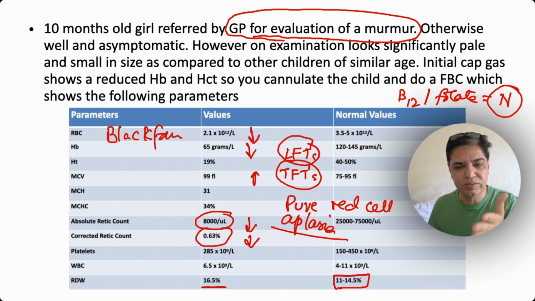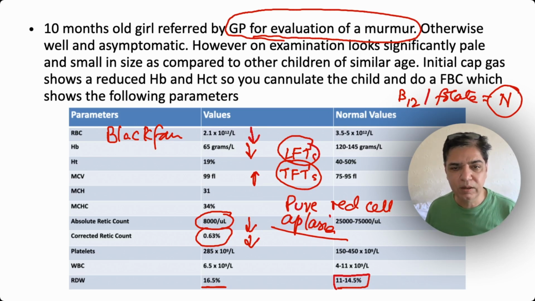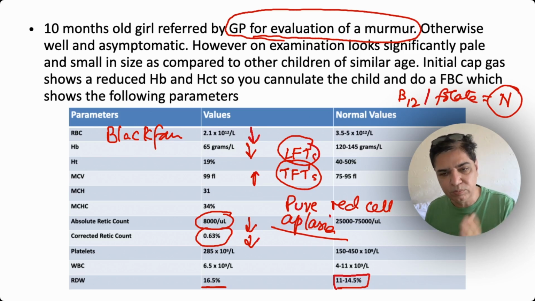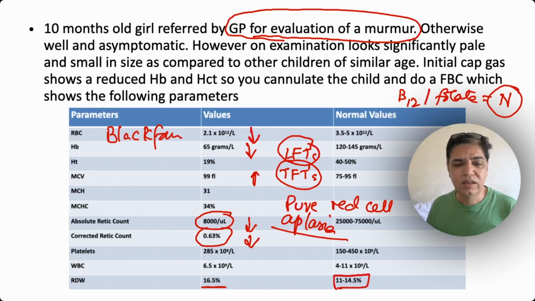If this child had macrocytic anemia with a low white blood cell count and a low platelet count, we would be thinking of Fanconi anemia. But this is pure red cell aplasia. Pure red cell aplasia usually occurs because of Blackfan Diamond syndrome. So this was Blackfan Diamond syndrome presenting with macrocytic anemia.